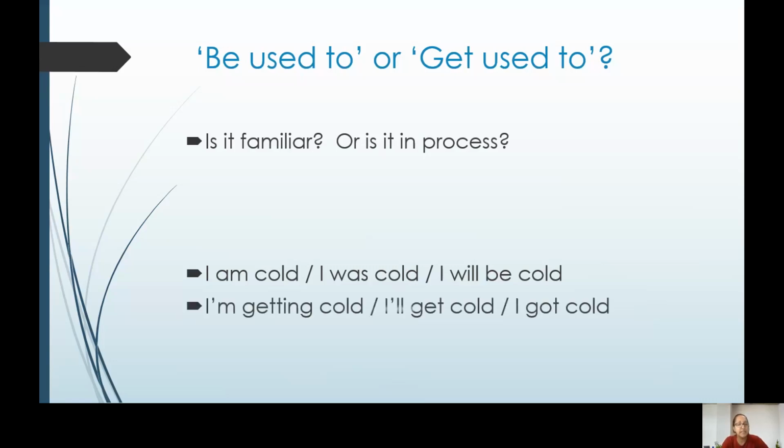I'm getting cold, I'll get cold, I got cold. With the verb to be, you already feel cold, or you felt cold in the past. You predict in the future you will be cold. Whereas I'm getting cold, I'll get cold, I got cold. You're talking about the process before getting to the cold stage.